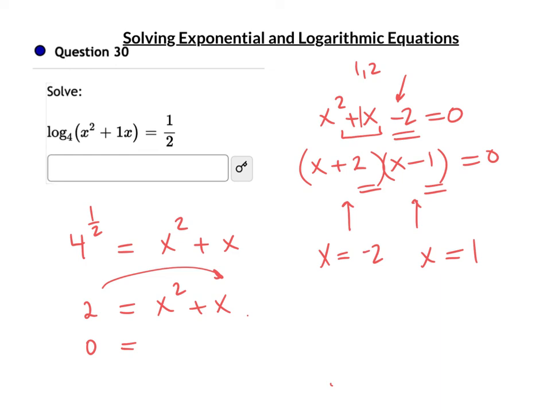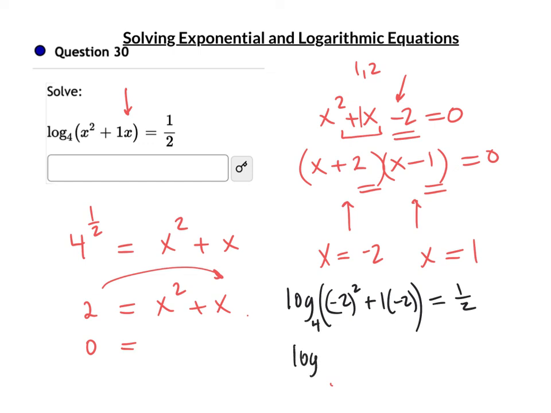If I take negative 2 and plug it in right here, the question is, does it work? The log of, I'm putting in negative 2 squared plus 1 times negative 2, does that equal 1/2? This is base 4. This is the log, negative 2 squared is 4. 1 times negative 2 is negative 2.